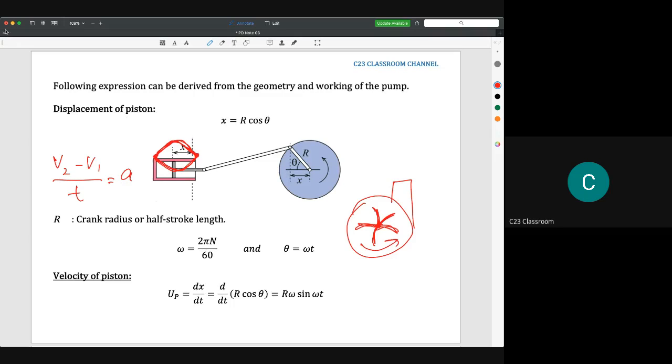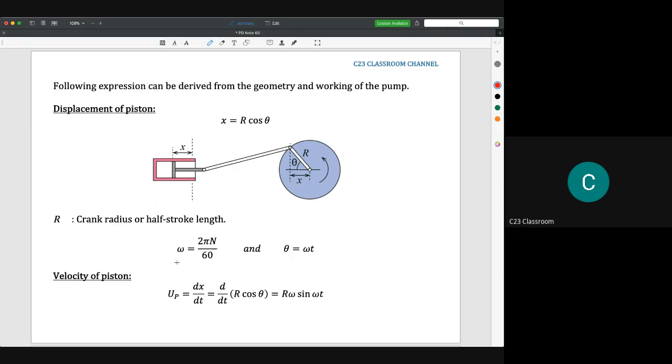For this diagram, we could assume that omega is equal to 2 pi N over 60, where N is RPM, rotations per minute. This is the equation to convert the rotational speed to the linear velocity. I think you already know this from the previous class. The common relation is U equals R omega equals pi D N over 60.